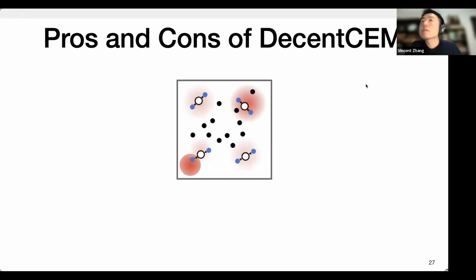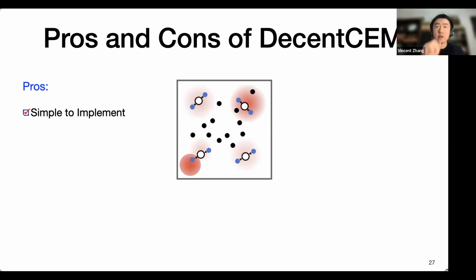So this brings me to the conclusion. What are the pros and cons of the DecentCEM approach? So the pros: first, it is simple to implement. We just need to run the same procedure and add a layer on top.